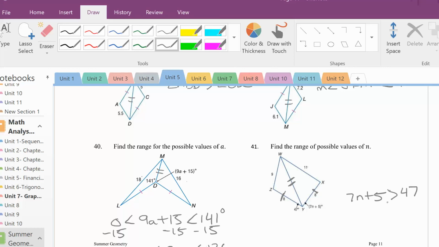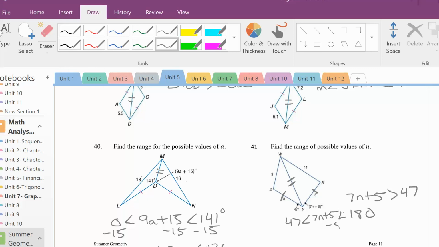But then remember, the biggest that it could be is 180. So 7n plus 5 has to be greater than 47, but it has to be less than 180. So we'll say 47 is less than 7n plus 5, which is less than 180.